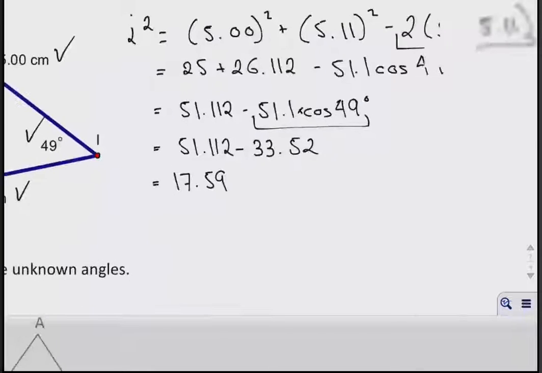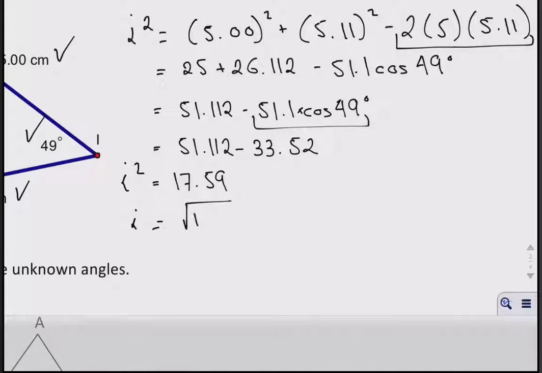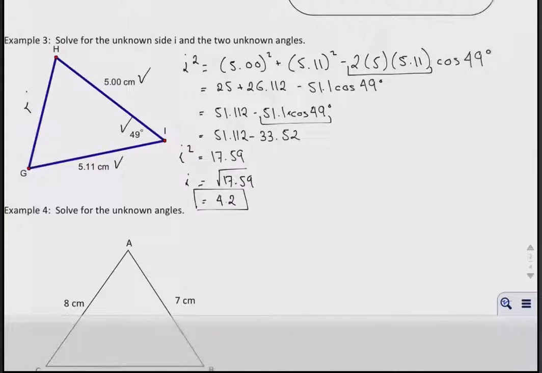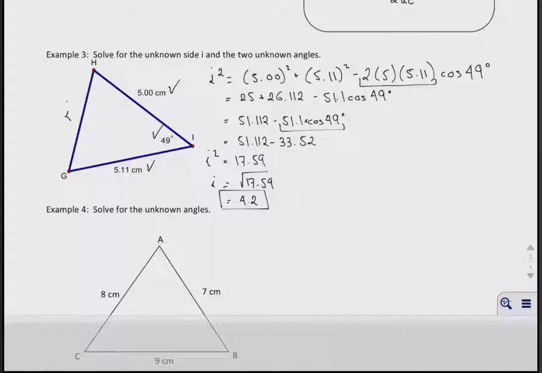But the final answer is not going to be that. Remember, this is I squared, so the final answer is going to be the square root of that. And there you have it. Example 3, we've solved for the opposite side of 49 degrees.